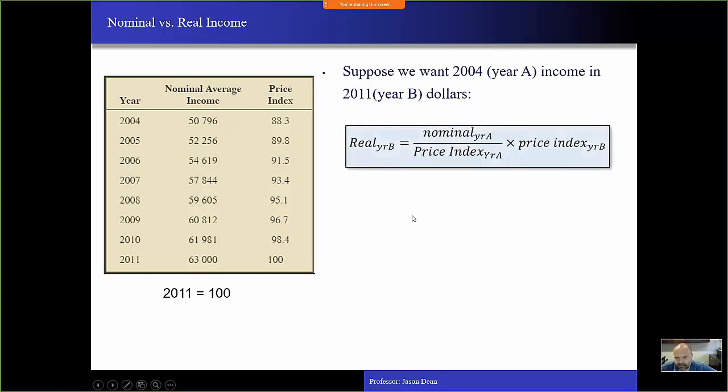To do that, we use our formula. Here, year A is the 50,796, and B is 2011. To get the real value, we take the nominal value in year A, the 50,796, and divide it by the price index in that year.